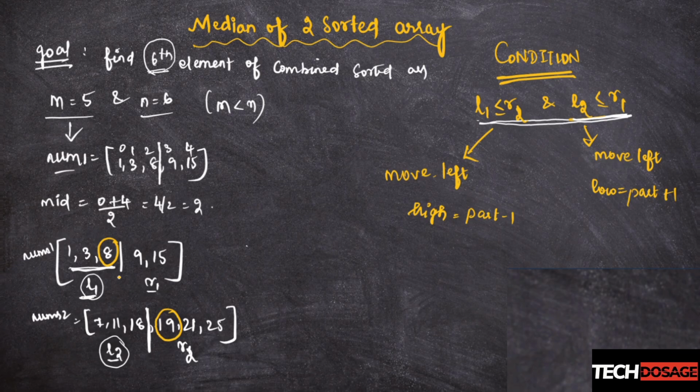Basically we take the boundary elements. I made a partition here and I'm taking all the boundary elements. These are the boundary elements. See, they lie near the boundary. I need to check whether this L1 is smaller than R2 or not. Why? I already know that this 8 is smaller than 9 because the given 2 arrays are individually sorted.